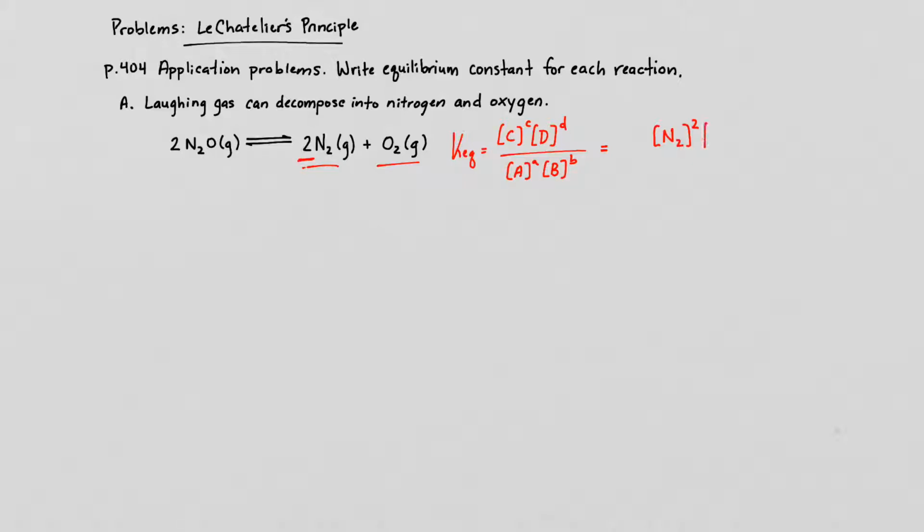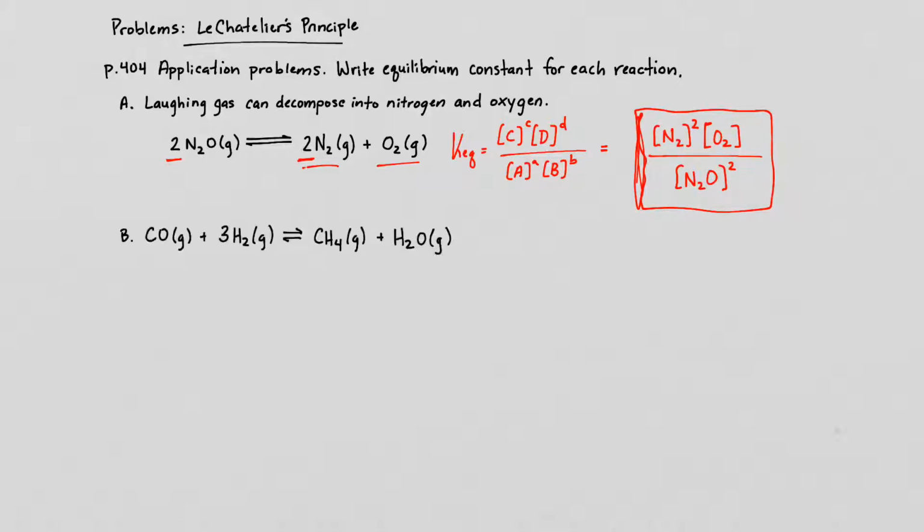And then we multiply that by the concentration of oxygen, or O2, and that whole thing is going to be divided by the concentration of N2O with a 2 as its exponent. Okay, so that is going to be KEQ right there.